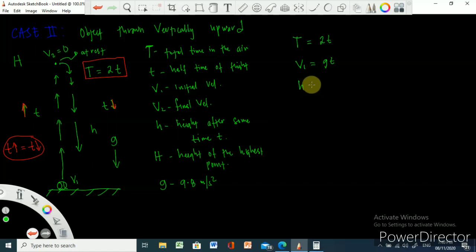H after certain time t is equal to general equation of motion: V1 t plus gt squared over 2. Then, height of the highest point.